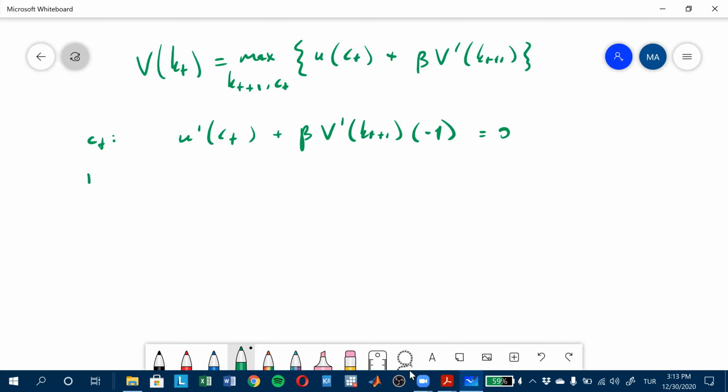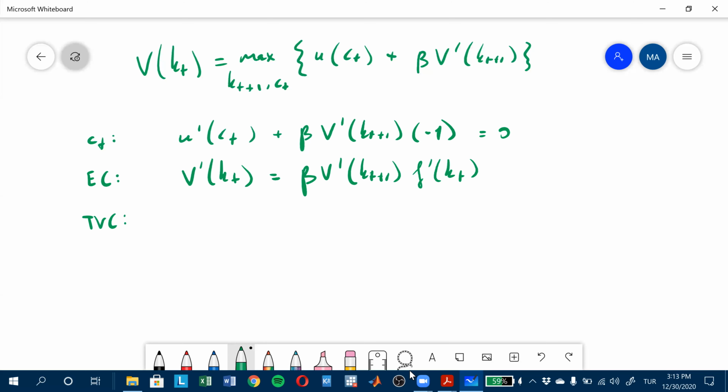Okay. Then we have the envelope condition, which is equal to that. And then, of course, we have the transversality condition as well, right? Remember the transversality condition? It was beta^t U prime C_t K_t equals 0. Okay, so that last part is usually not imposed, but it is already there.